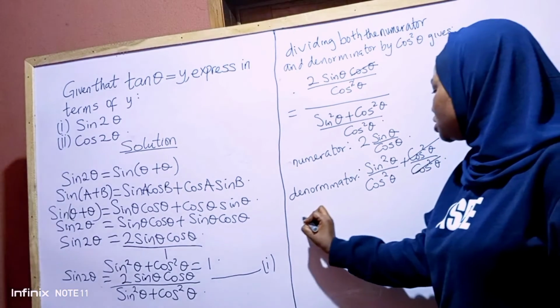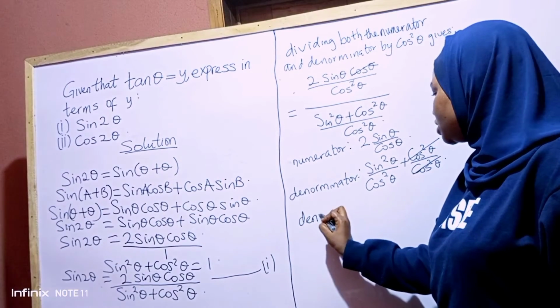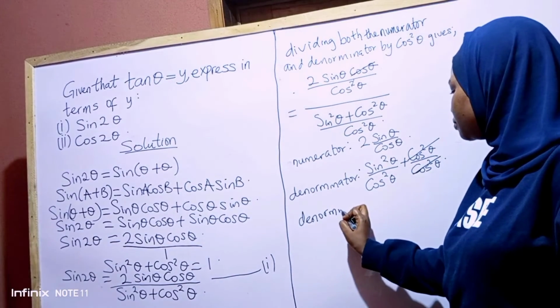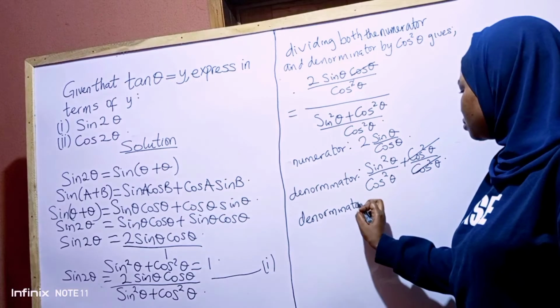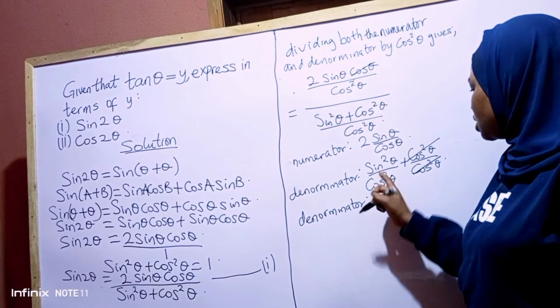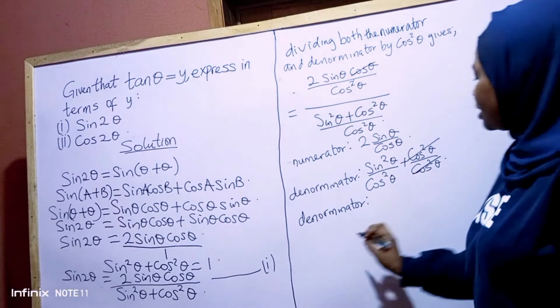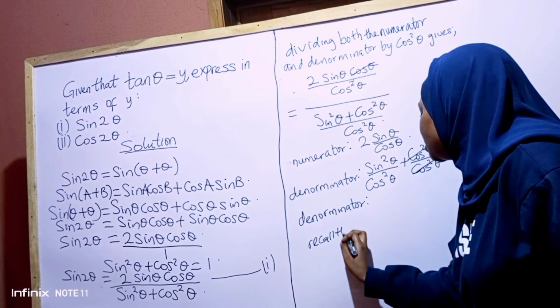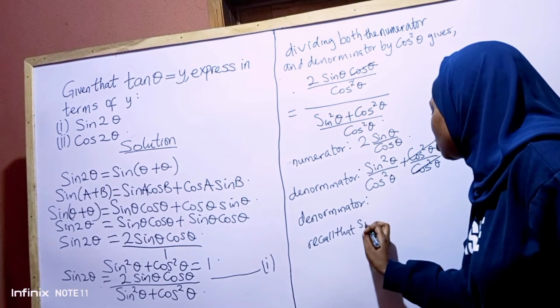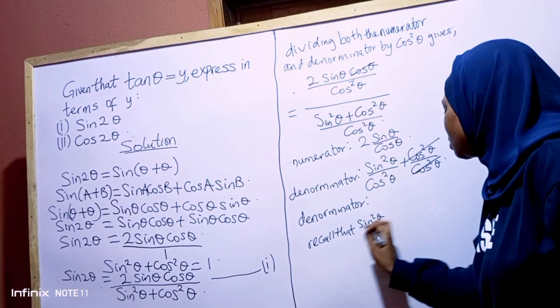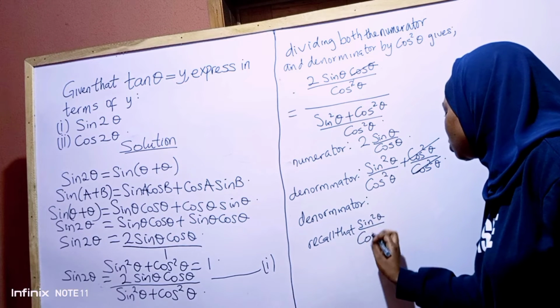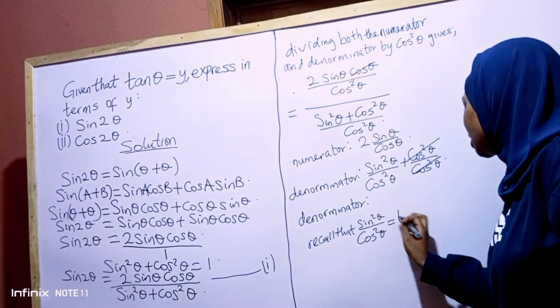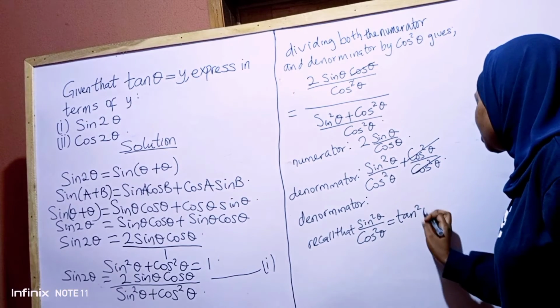So the denominator, we're still on the denominator, recall that sine squared theta over cos squared theta is equal to tan squared theta.